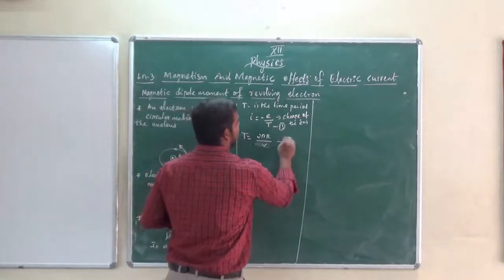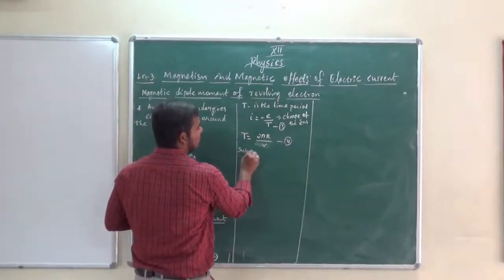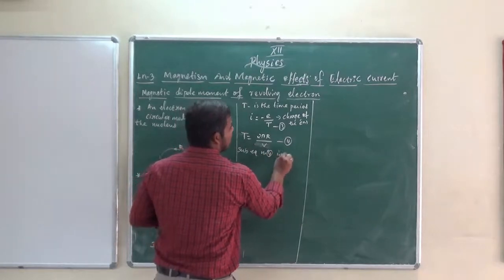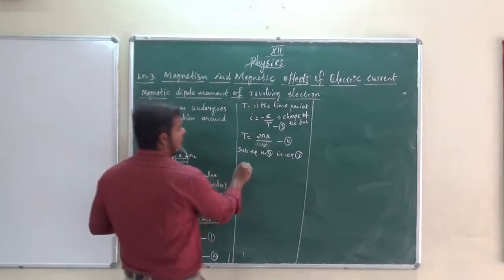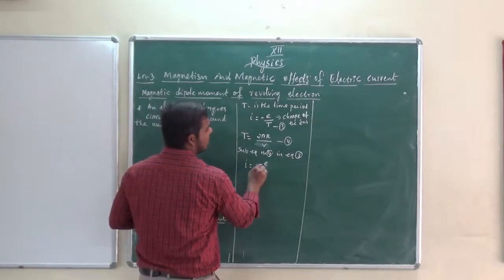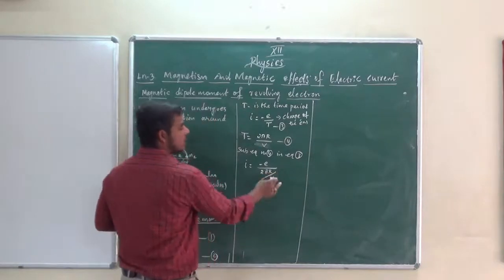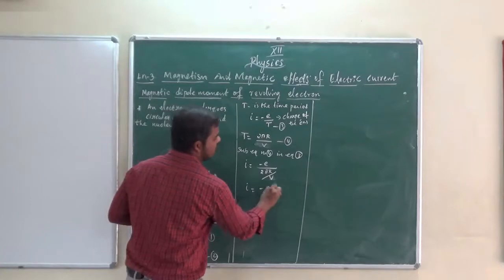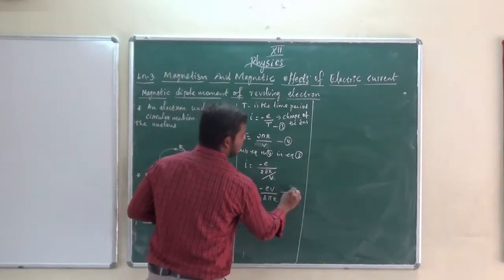Substitute equation number 4 in equation 3. We get the current: I is equal to minus e in the numerator, and in the denominator 2 pi r divided by v. This v moves into the numerator, so the current is minus e v by 2 pi r. This is equation number 5.